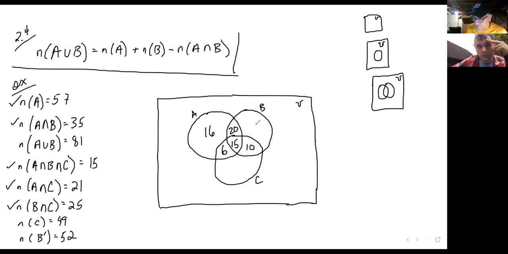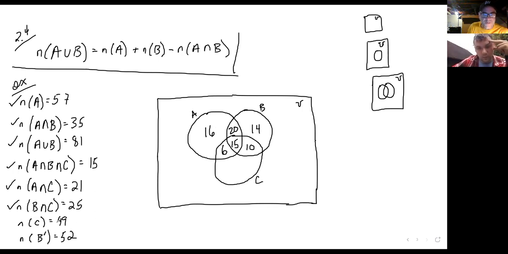So I'm punching them up on my calculator right now real quick. 16 plus 20 plus 6 plus 15 plus 10 is 67. 81 minus 67 is 14. Use that.